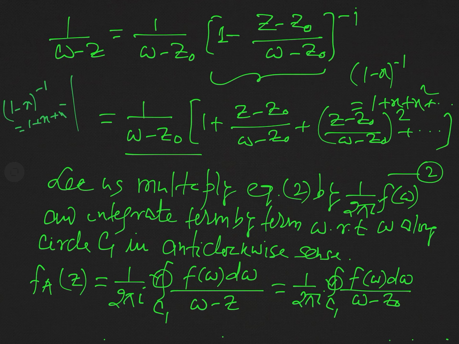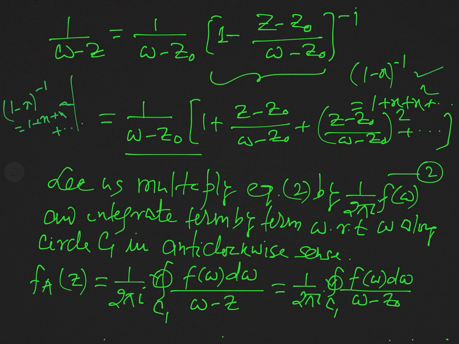This is 1 plus x plus x square and so on. So you can write this equal to 1 over W minus Z0 into 1 plus Z minus Z0 by W minus Z0, this is at the place of x, and here I have already mentioned it, plus Z minus Z0 by W minus Z0 whole square and so on.